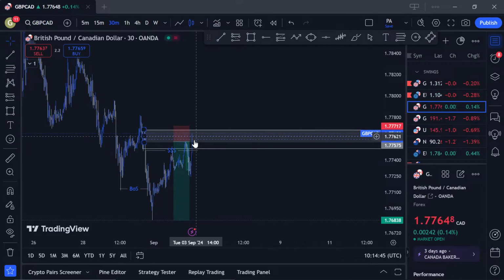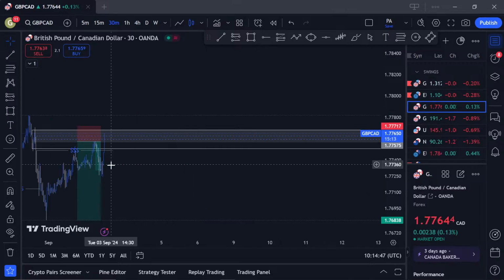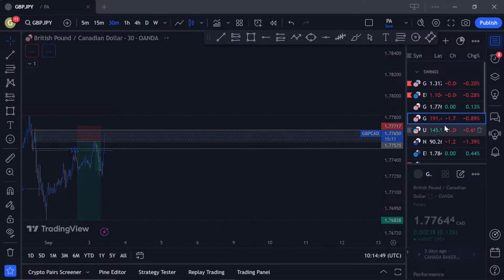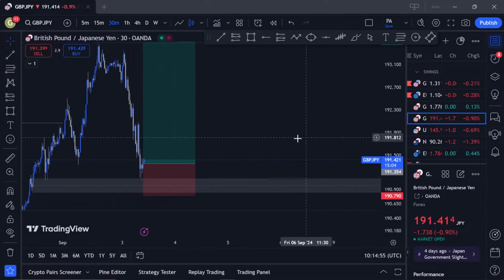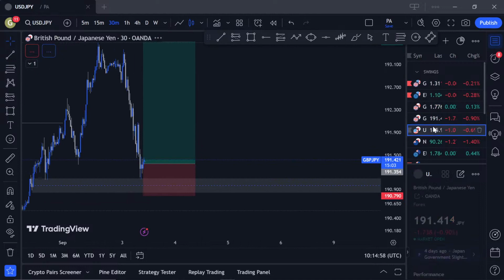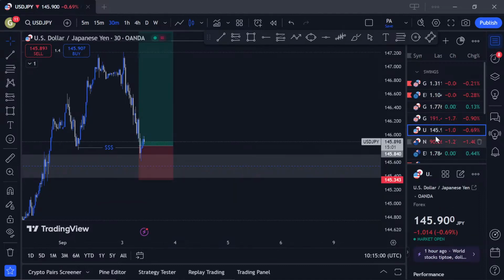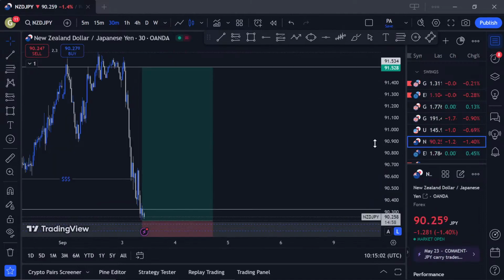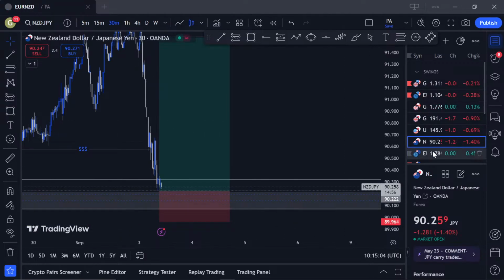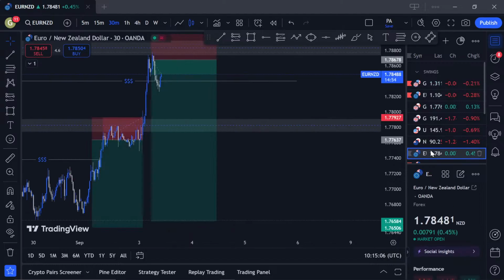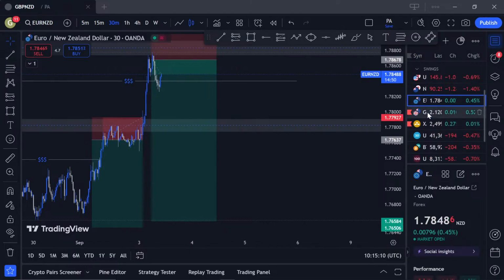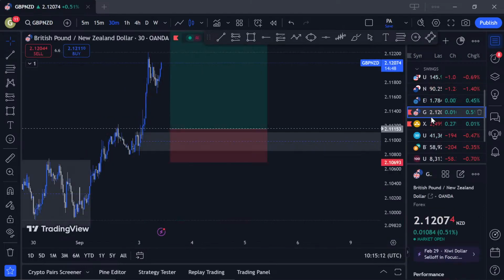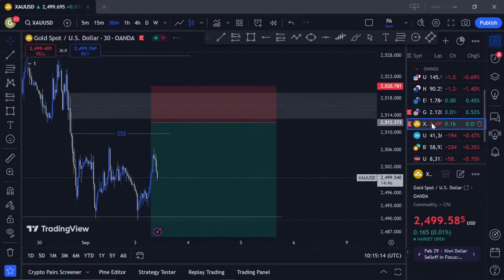GBP CAD, market just bounced off right now. It's like there was a news event. That is GBP JPY. Also, for that person who requested for GBP JPY, I hope you've gotten your trade already. So we've looked at a lot of markets today actually.